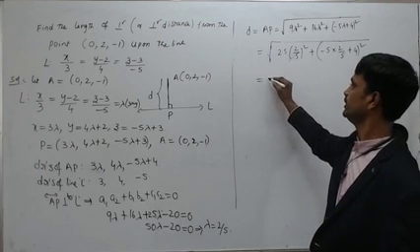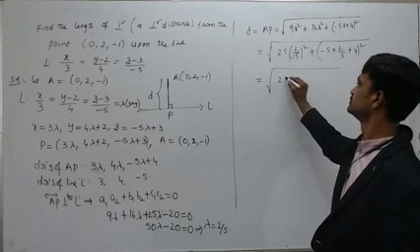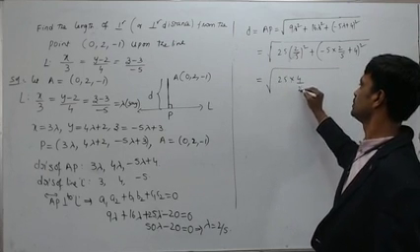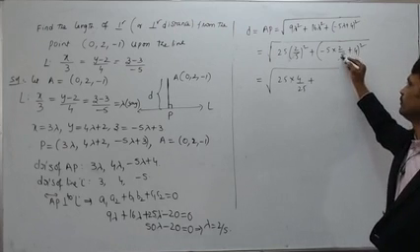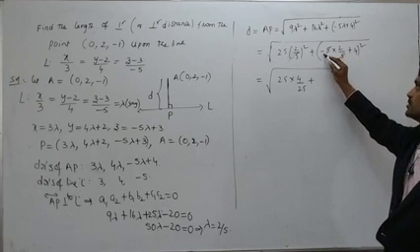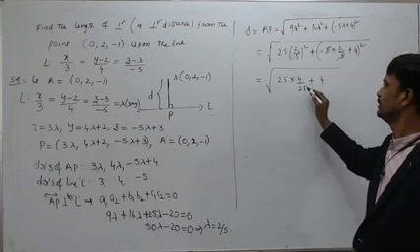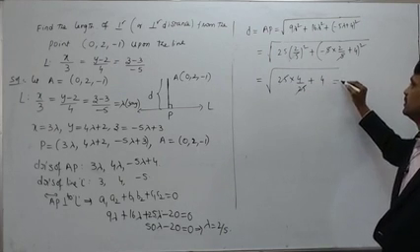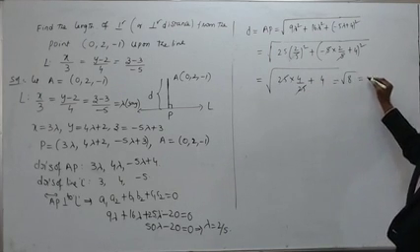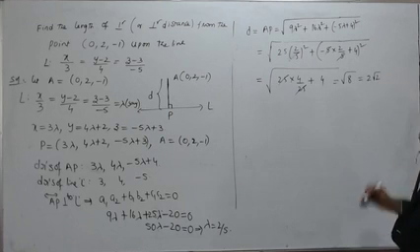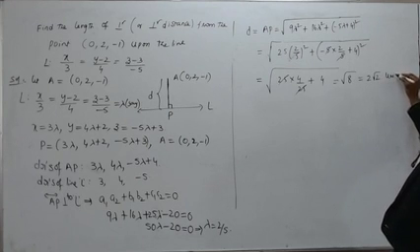So 25 into 2 by 5 whole square is 4, plus minus 2 plus 4 is 2, 2 square is 4. So 4 plus 4, 8. Root 8 is 2 root 2 units.